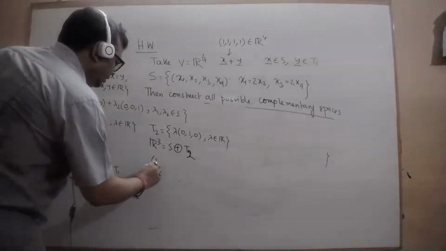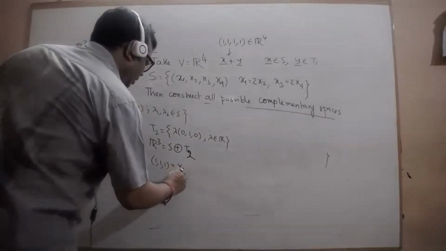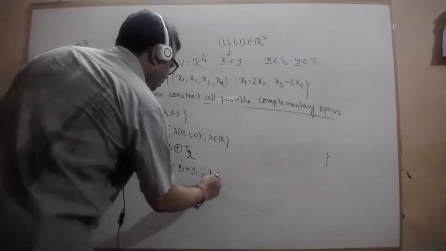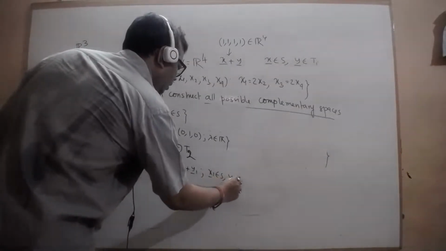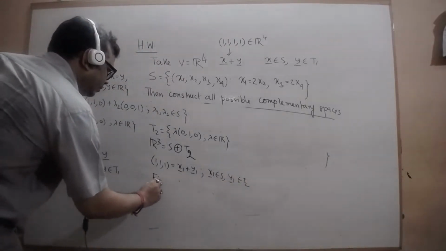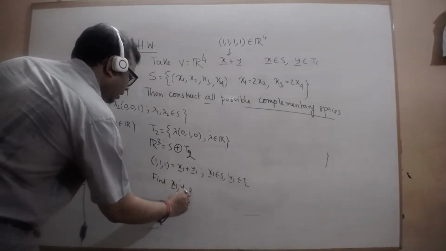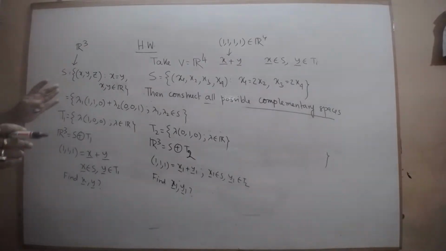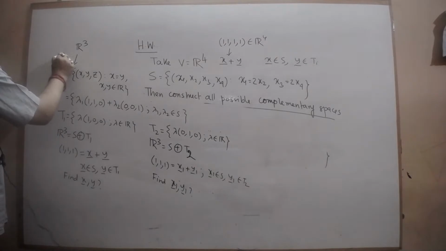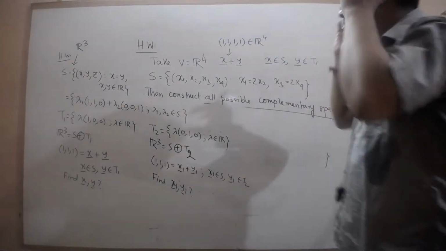Here also you write x1, y1, x1 belonging to S, y1 belonging to T2. The problem is to find x1, y1. So first you solve this problem, this homework, then do the same thing for this.